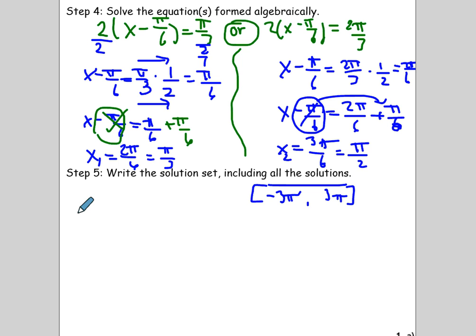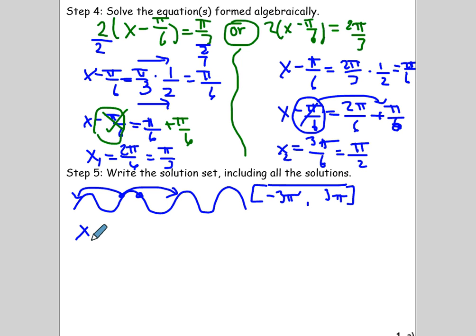So if we start with our first one, let me sketch just a little sketch here of our function. So it's a sinusoidal function, so it looks like this, right? So right now what we did is we found two solutions, let's say this pi over 3 and pi over 2. Now to find the other solutions, we need to add the period or remove the period until we have all the solutions from minus 3 pi to 3 pi.